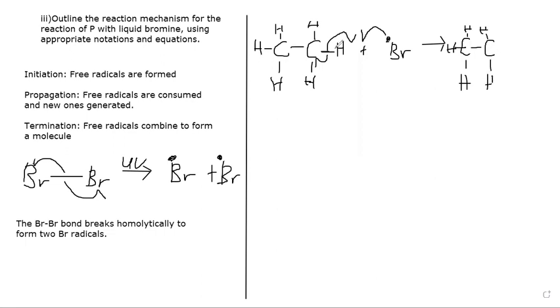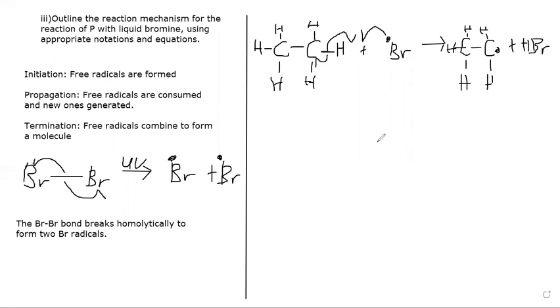This hydrogen is no longer attached. Also, the bond is broken homolytically, so the carbon atom got one electron. And this hydrogen and this bromine are forming a covalent bond, one electron from bromine and one electron from hydrogen. So we get a molecule of HBr.